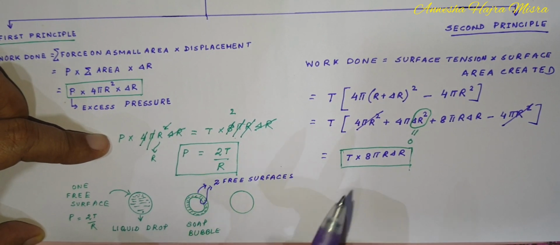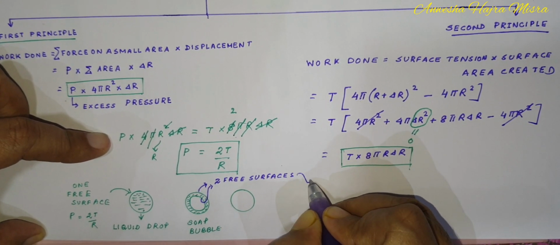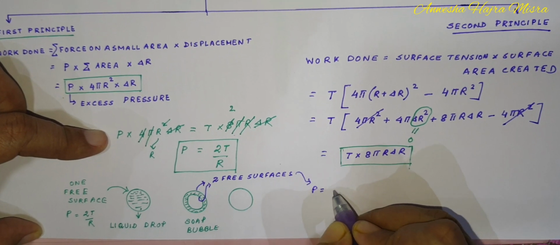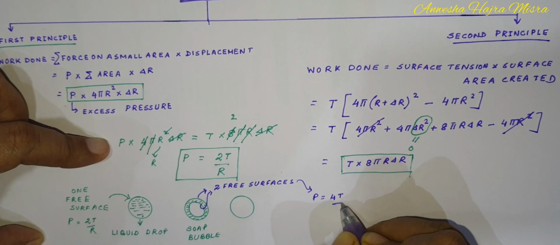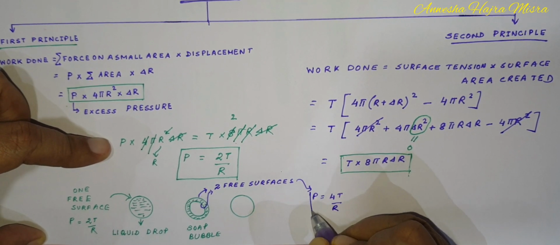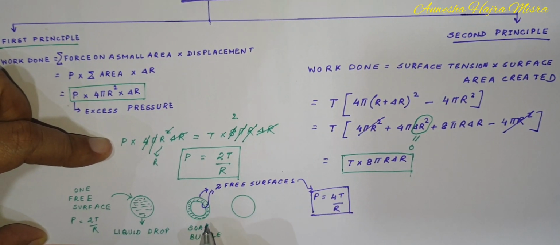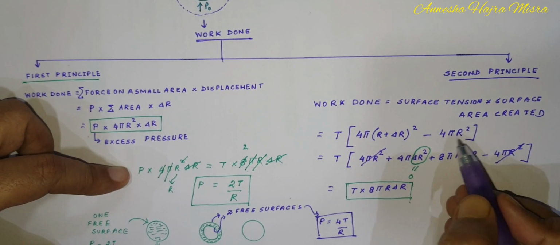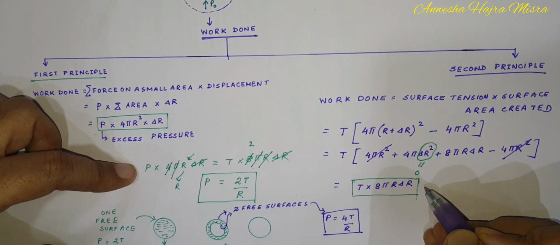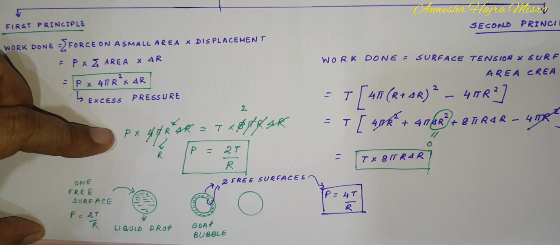There will be 2 surfaces growing. In this case, excess pressure will be 4T by R. It will be multiplied by 2 because 2 surfaces will increase.